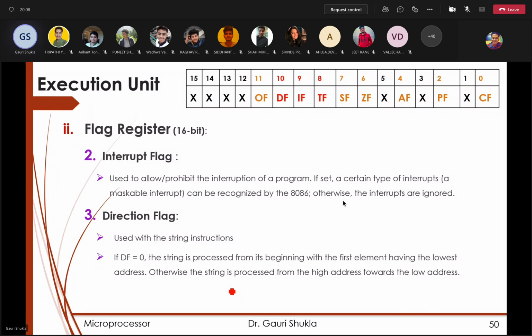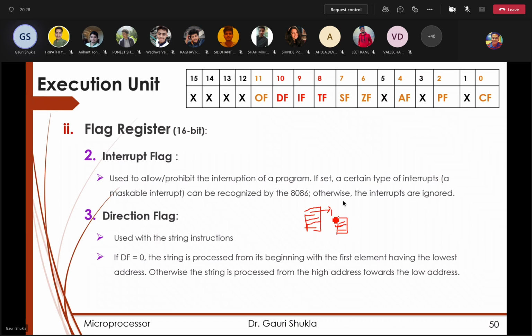So if I am doing block transfer, these are the data from a particular memory location that I have to move to some other location. If DF is 0, it will start from here and go to the first place here, let's say.